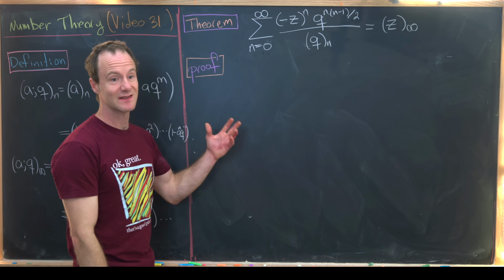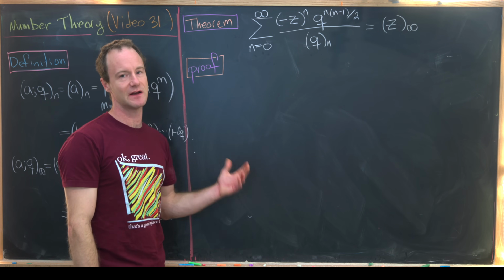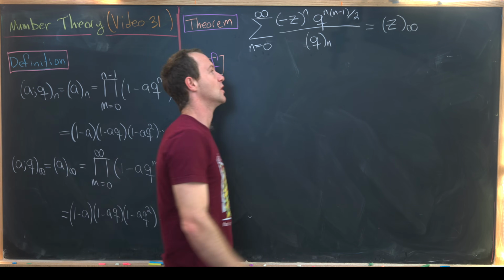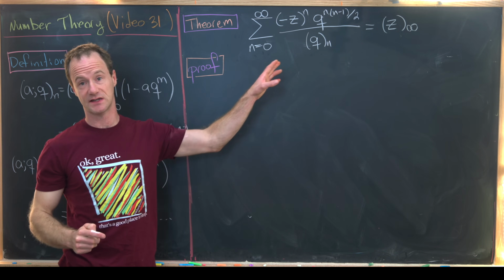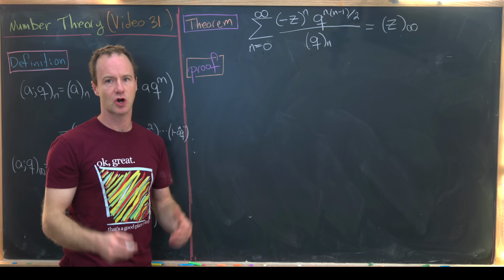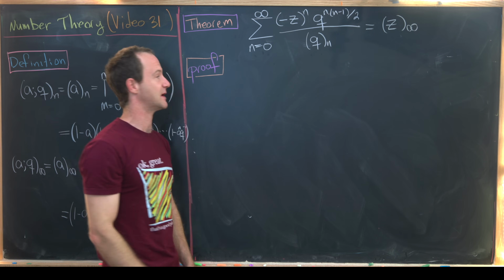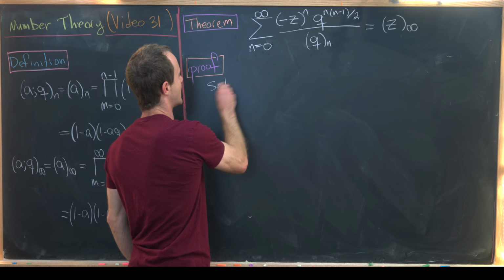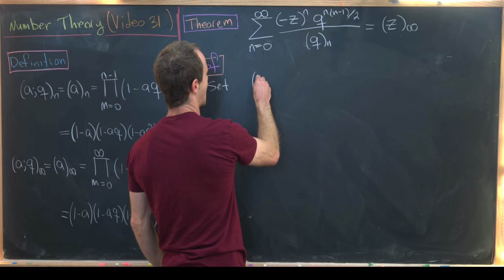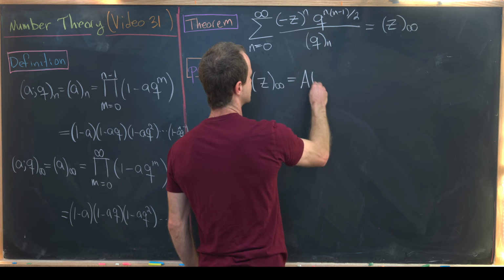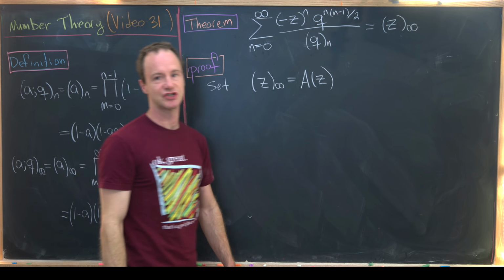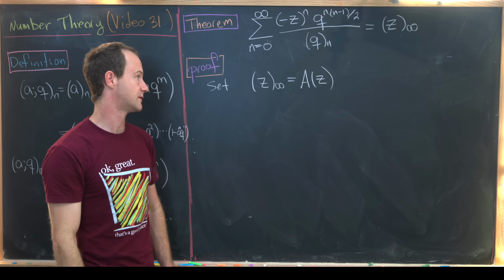Okay, great. So now let's get going here and we'll do the same kind of thing that we did before. We will assume some expansion of the product side and then find a recursion on the coefficients of that expansion. So let's go ahead and set our product side (z;q) infinity equal to, I'll call it A(z) again, just like we did in the last proof.